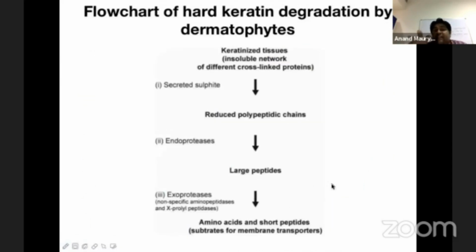So you can see there is a flow chart of how hard keratin is degraded by the dermatophytes. In the flow chart, you can see there is a bottleneck in the process. A secreted sulfite to reduce the disulfide bridges is mandatory to complement the enzymatic activity, and the large peptide with the free end is acted on by the exoprotease, after being produced by the endoprotease.